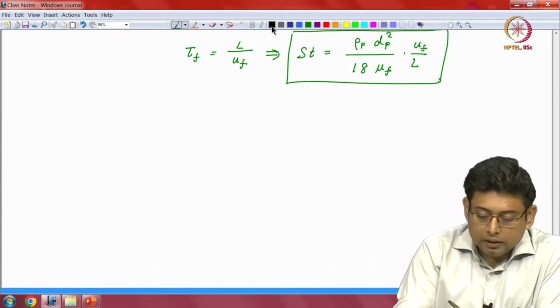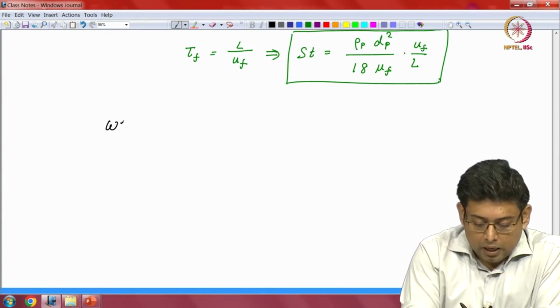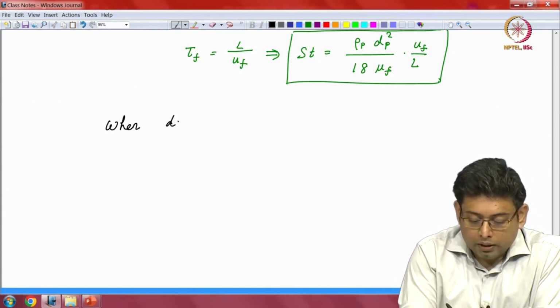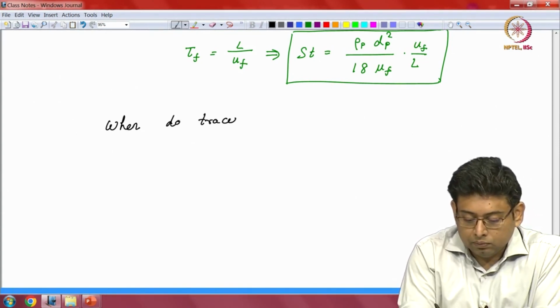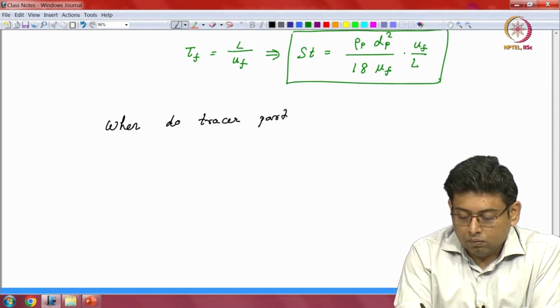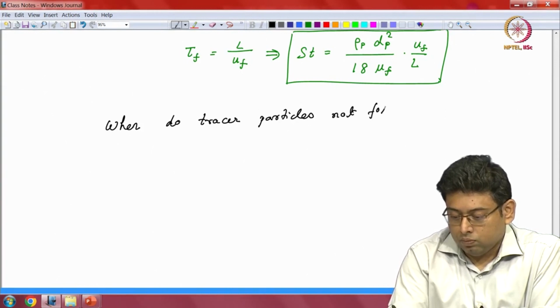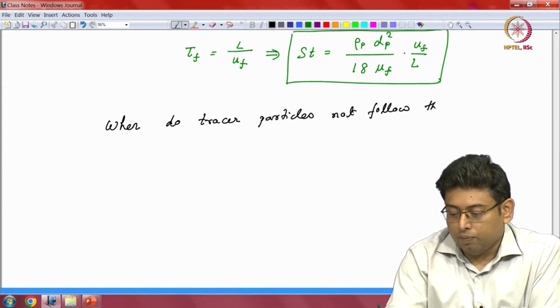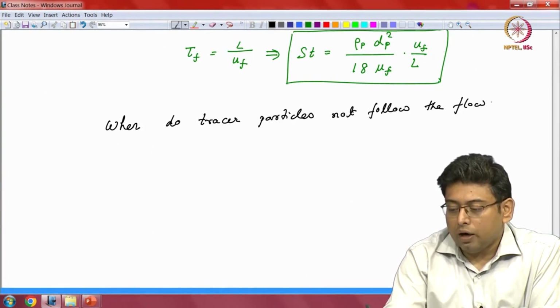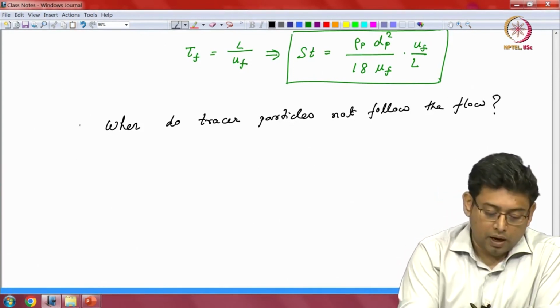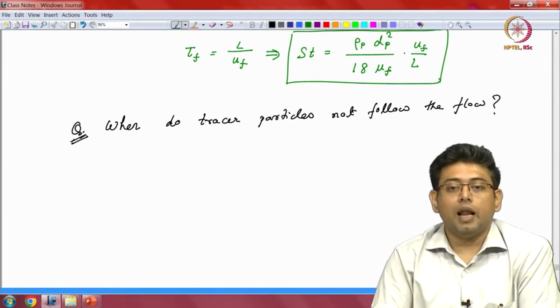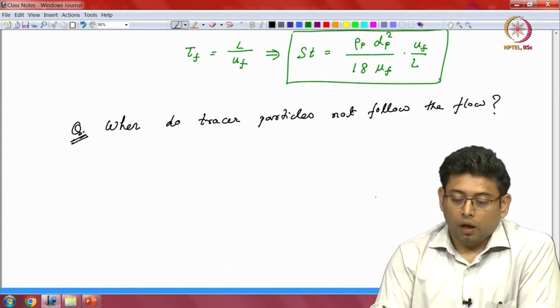The question we are asking is, when do tracer particles not follow the flow? By the flow, I already mean the underlying flow field, so that is understood.